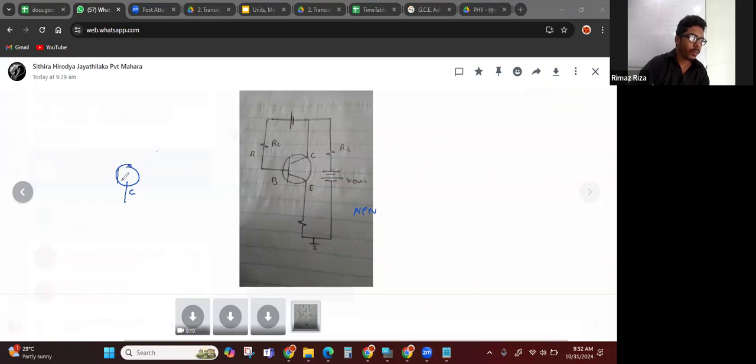And then the base is always in the middle, therefore this is E and this is B. So NPN, right? One more main problem: we haven't indicated the arrow. We have to show whether this is an NPN transistor or a PNP transistor. Otherwise, however much you draw, it is wrong. That's a big mistake. You have to indicate the direction. Here it is NPN, so it has to be put like this. Okay.